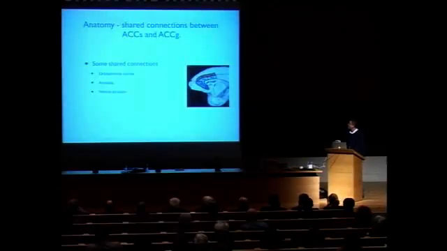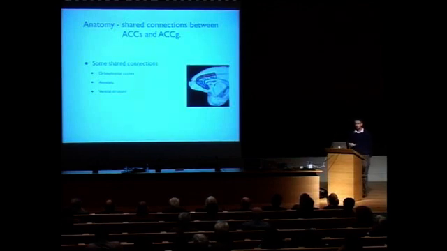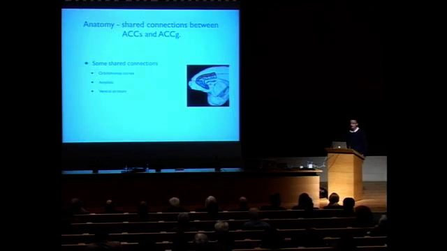But there are also some connections that are really common between the two, which is why we have some hypotheses about their role being rather similar. It's not just because they're next to each other. Firstly, they're both connected very strongly to regions that process reward and motivation, for example. So these are some of the regions that Hilke was talking about, and they're very involved in processing reward and motivation.